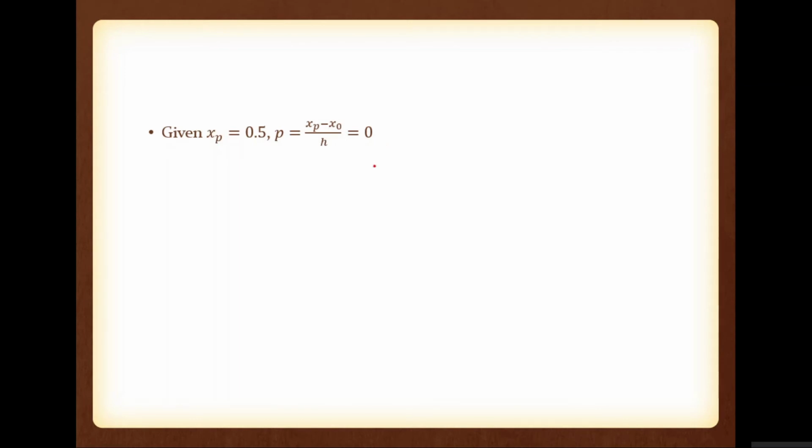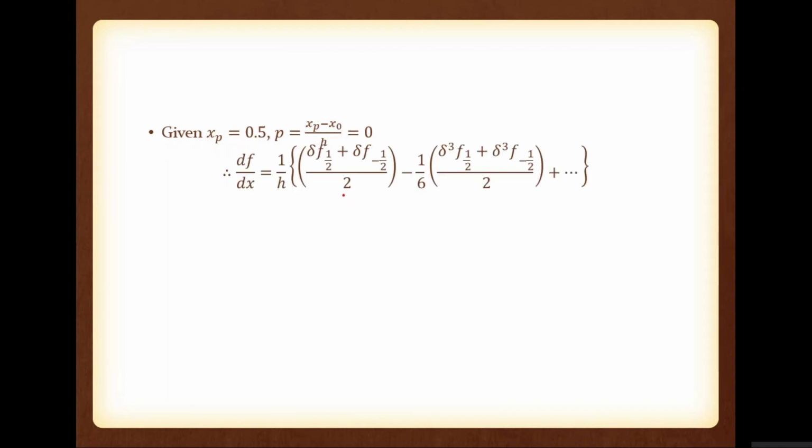So as p equal to 0, substitute p equal to 0 into the previous equation. So our equation will become df by dx is equal to 1 by h into first term is (θf1/2 + θf−1/2) divided by 2. Okay, then the next term will become 0, that is corresponding to θ² f.